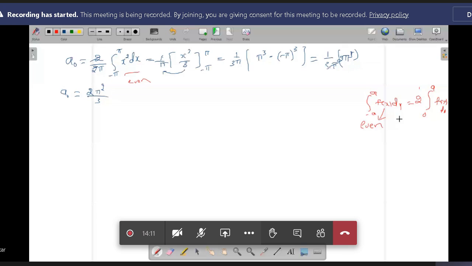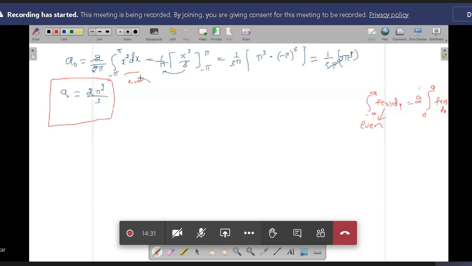So you can use this also. Here the function is simple, so we can easily substitute the limits, but let me try another way.